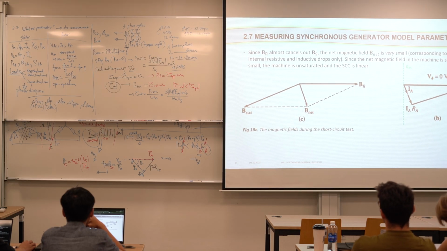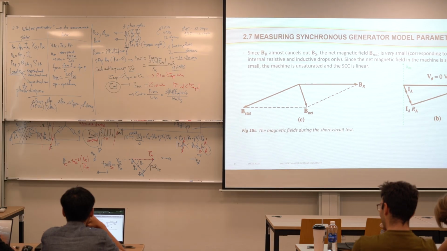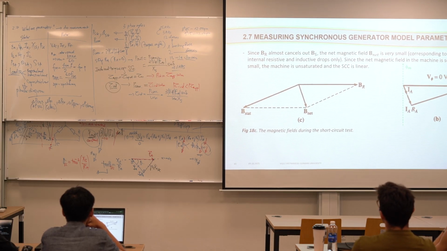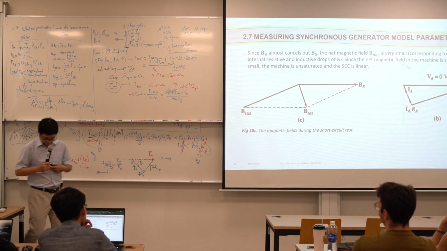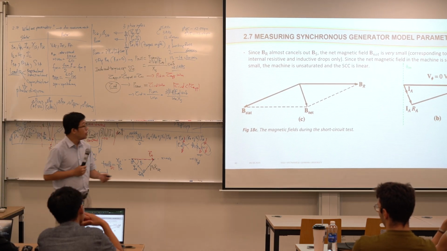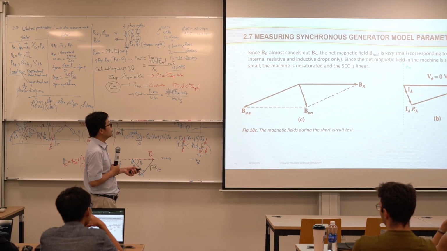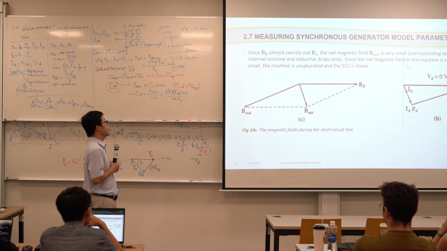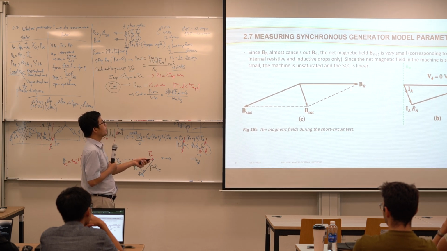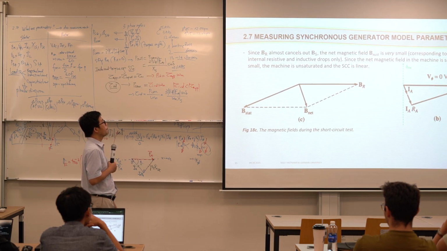According to the phasor diagram of the short circuit test, we also indicate the phasor diagram of the magnetic field. We have BR in the same direction as IA.